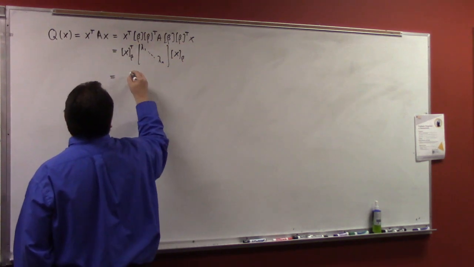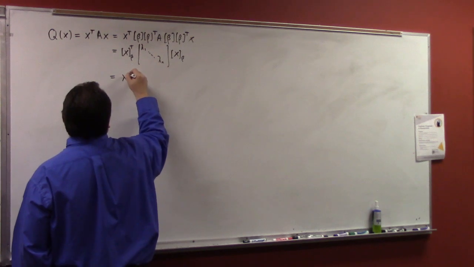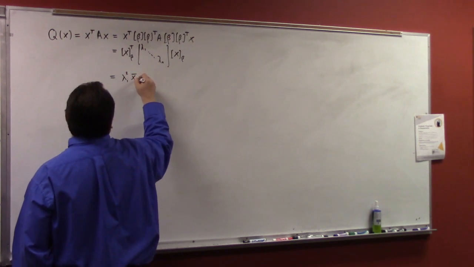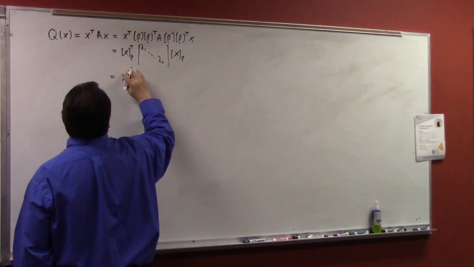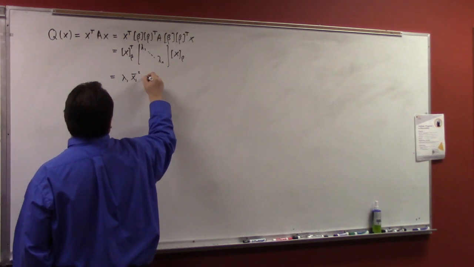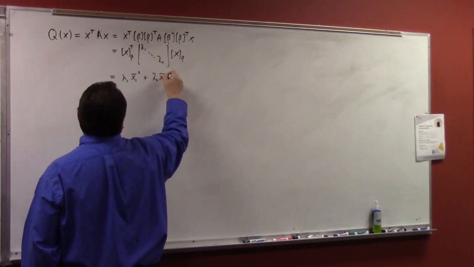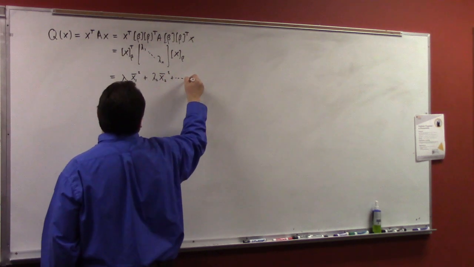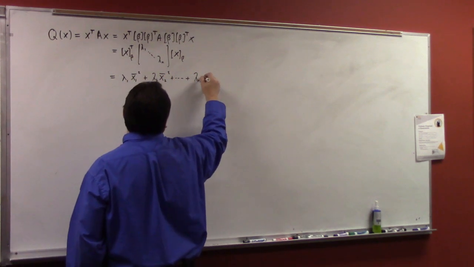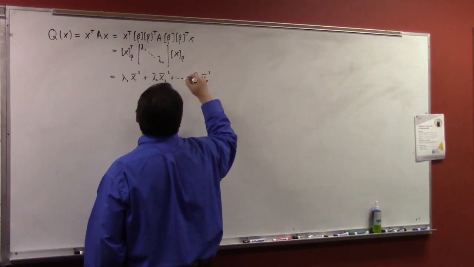And so that is, again, if we use the bar notation, lambda 1 x bar 1 squared plus lambda 2 x bar 2 squared, through lambda n x bar n squared.